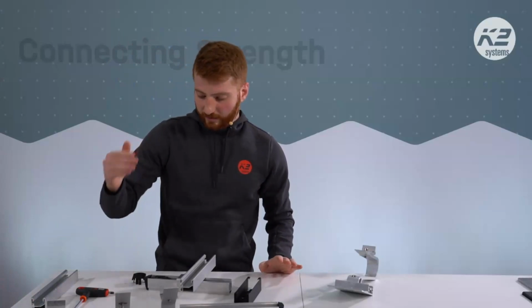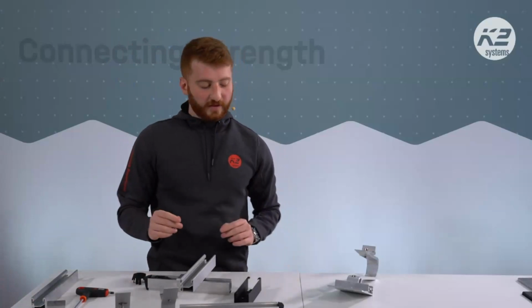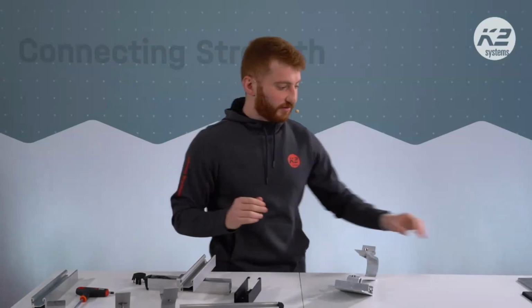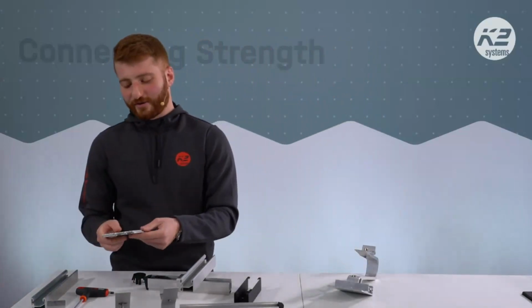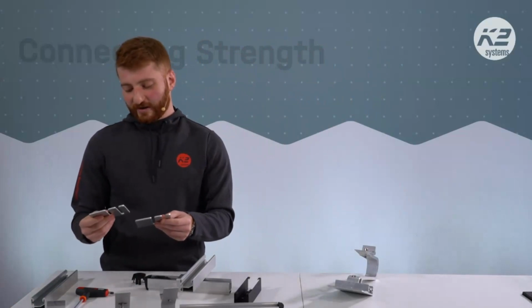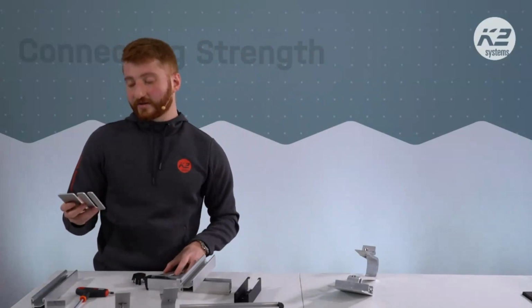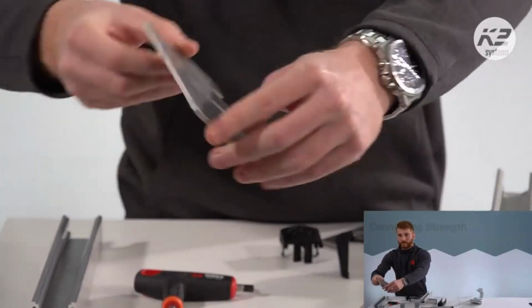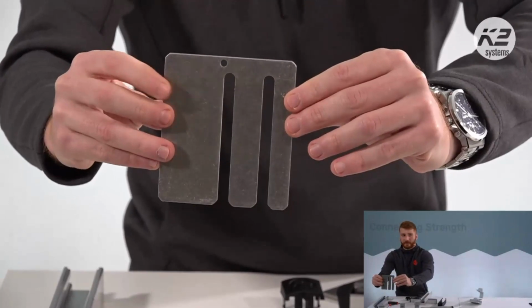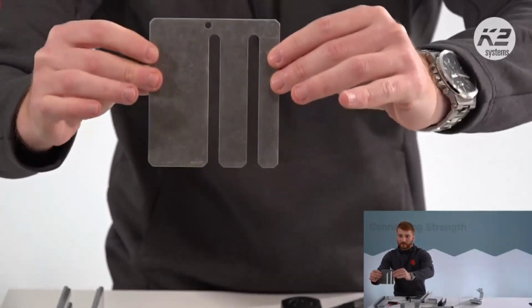I'll show some tools that we have that make life and work easier for you on the roof. I'll start with the height compensator. It looks like this. Why do we use this product?